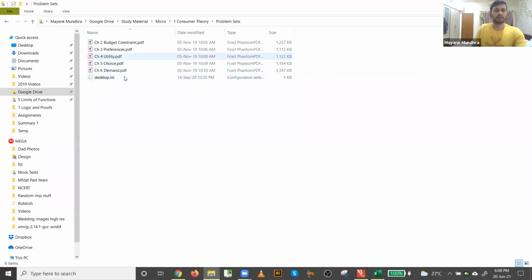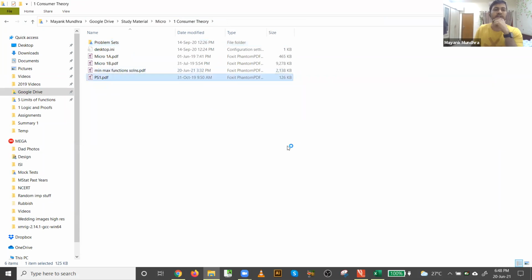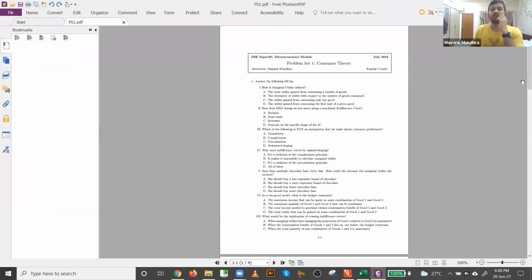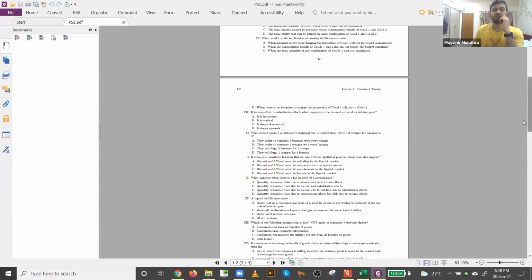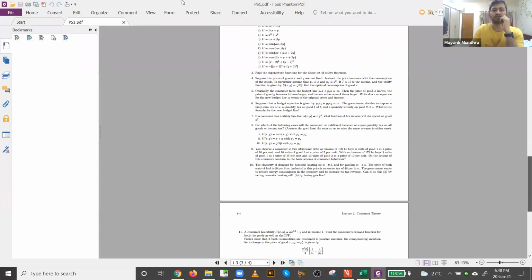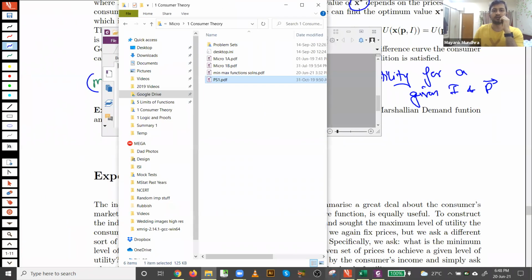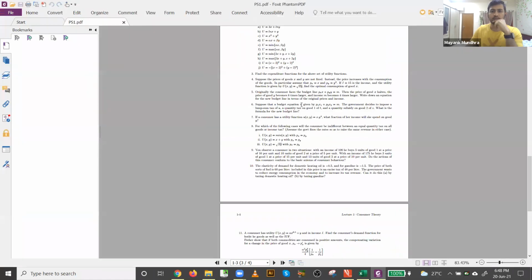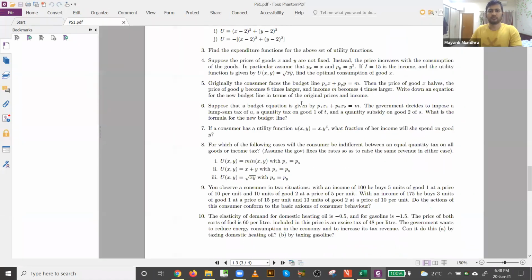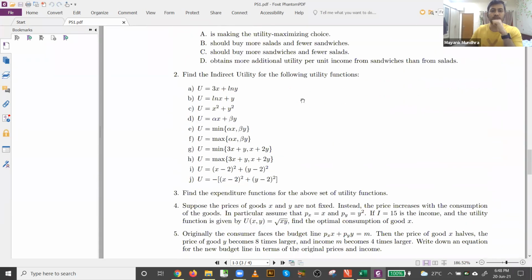So if you go into the problem sets here, PS1 is problem set 1. If you go into this one, come to question number 2 here.